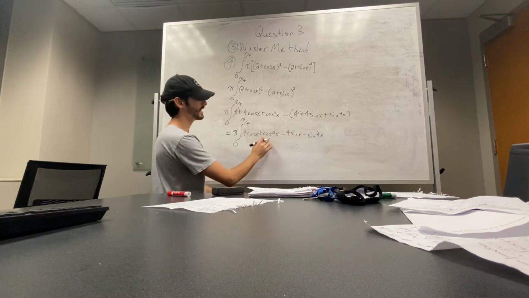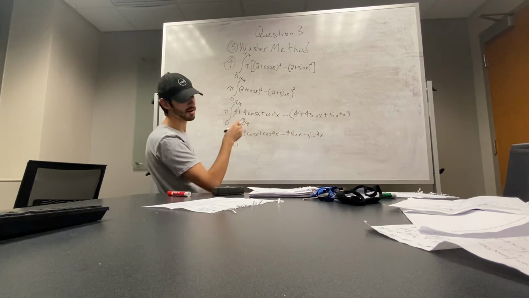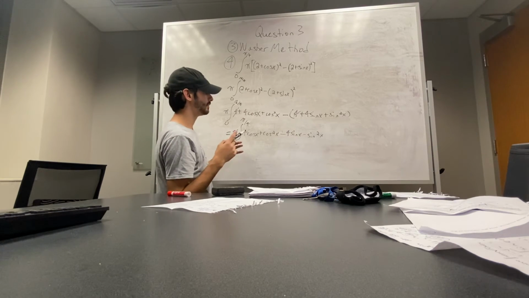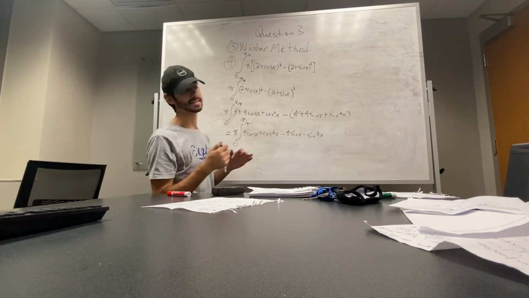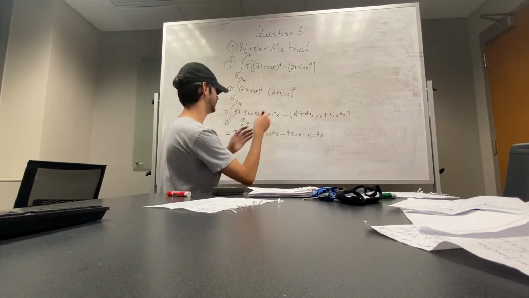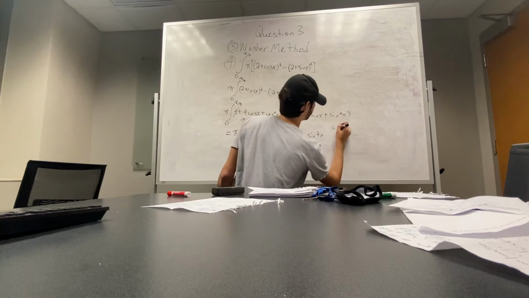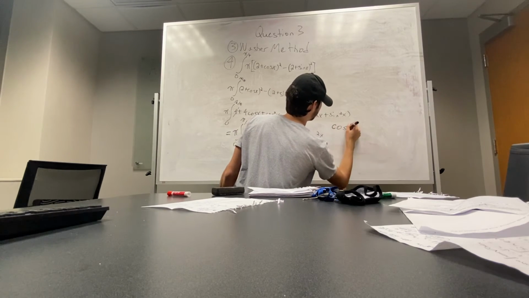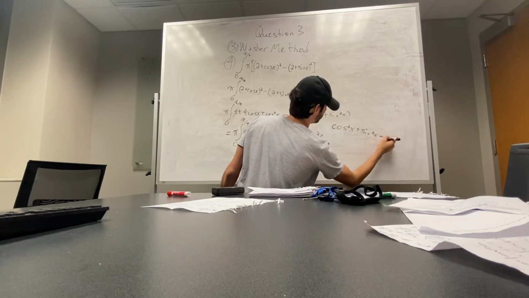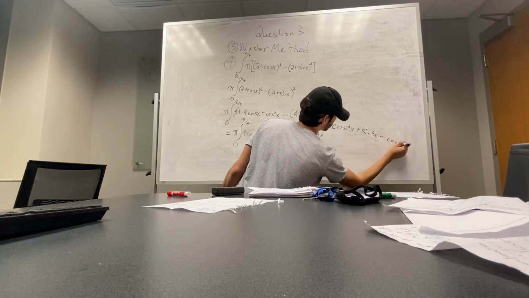And since cosine x and sine x are parts of an equation, we can turn it into a trigonometric identity. In doing that, we basically have cosine squared x minus sine squared x equals cosine 2x.